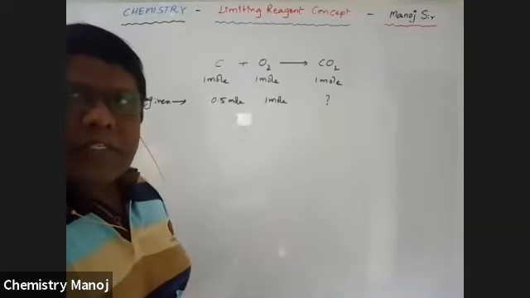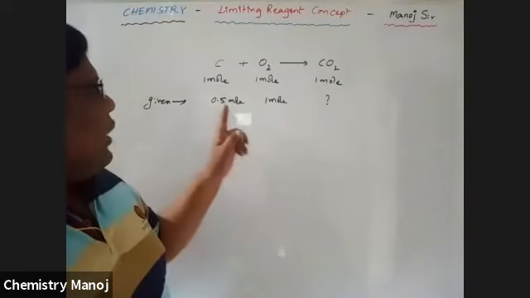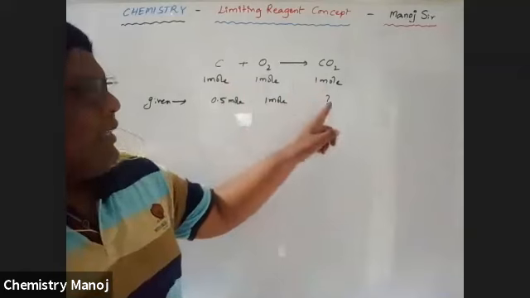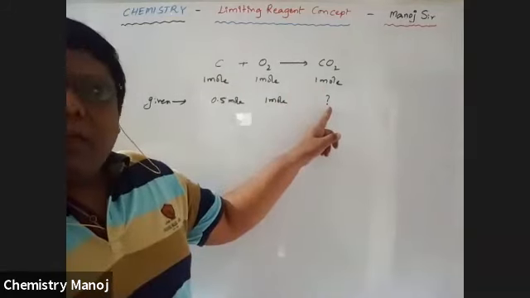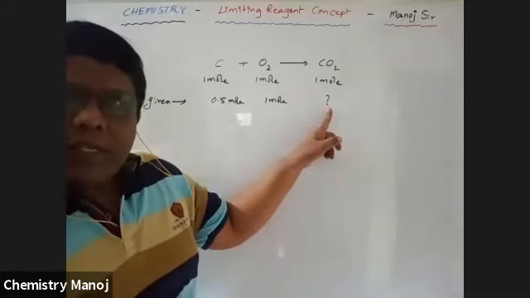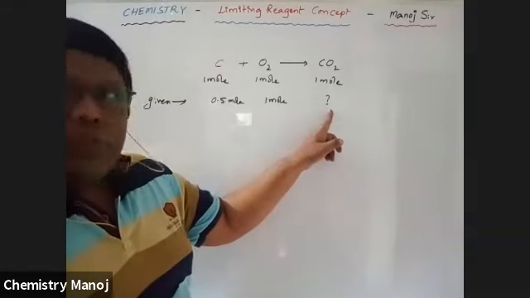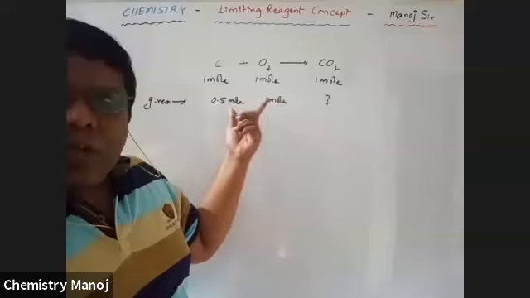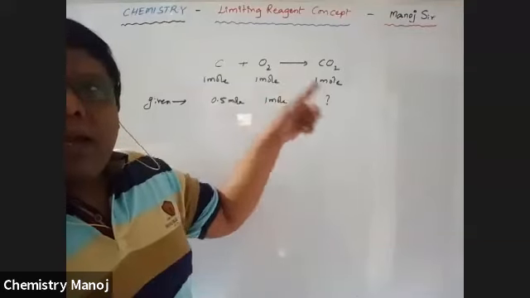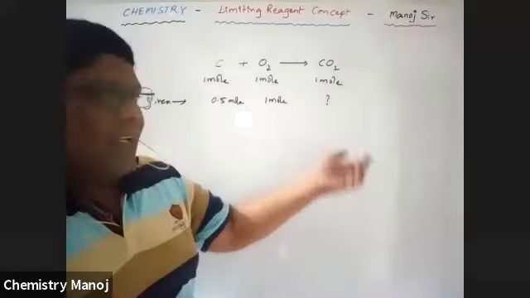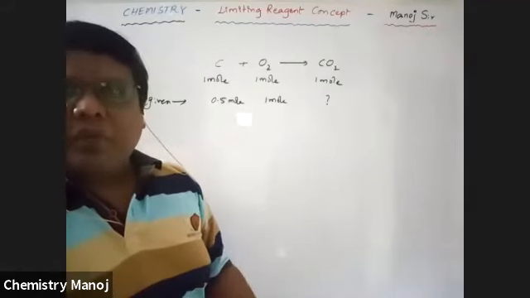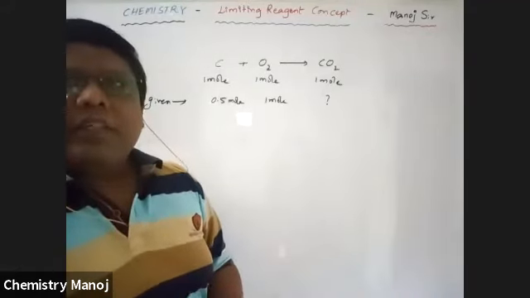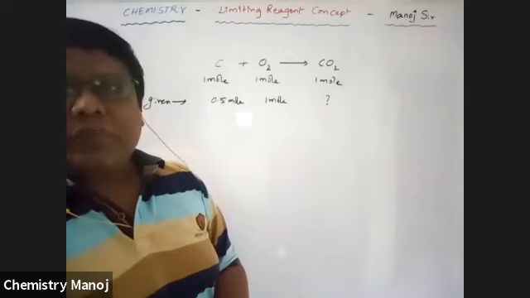Up to our previous class, one chemical is given to you, and for another chemical, we asked how much. But today, the values of two chemicals are given to you, and for another chemical, how much will form, how much will liberate, that is what we are going to ask.